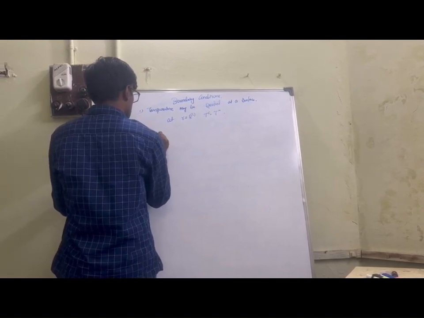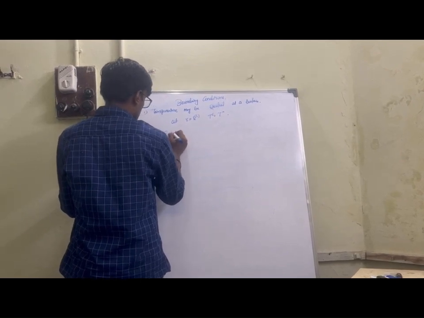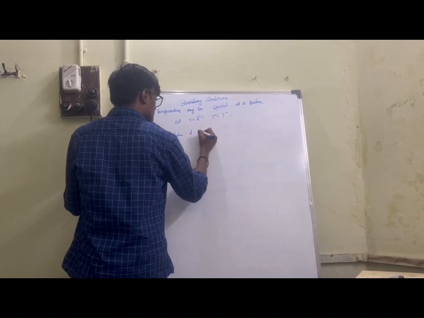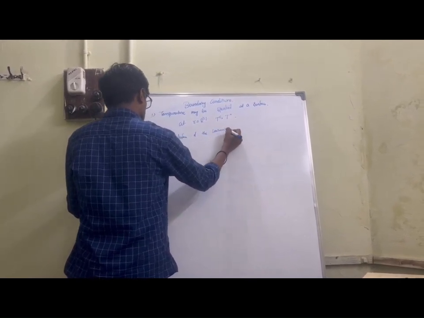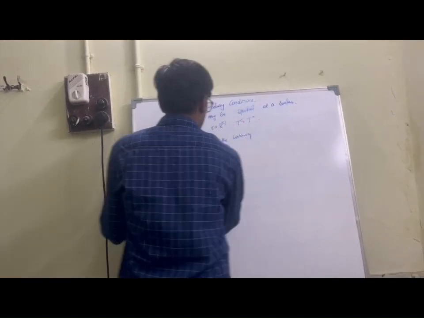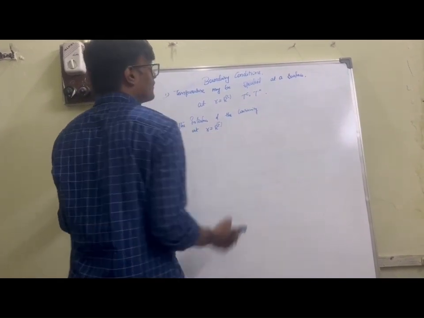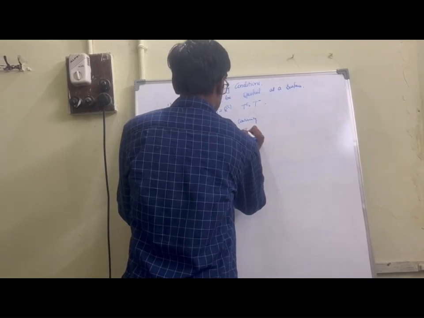The second one is the interface continuity condition at R equal to RF: TF is equal to TC.